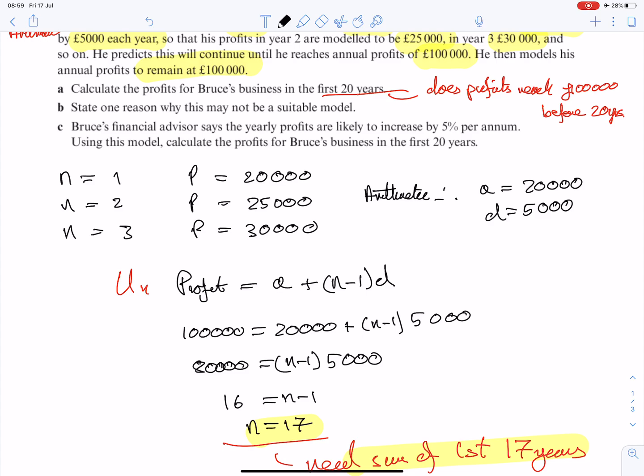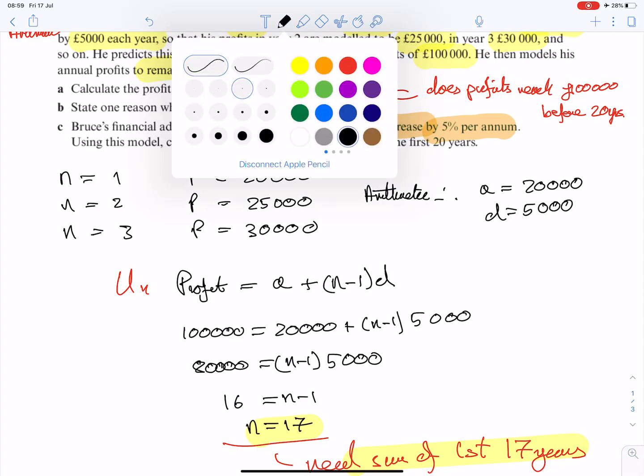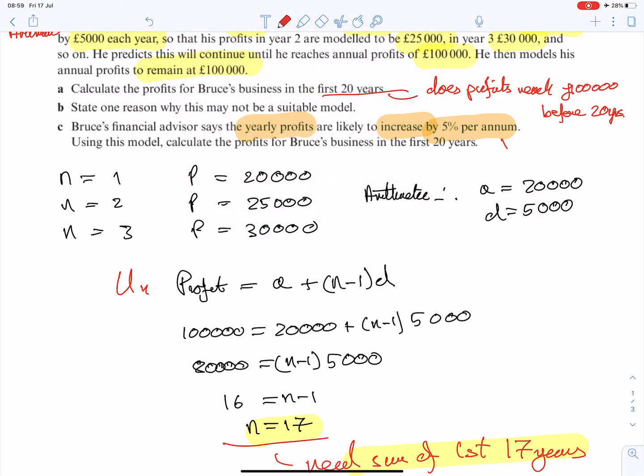Okay, part C. Bruce's financial advisor says the yearly profits are likely to increase by 5% per annum. Using this model, calculate the profits for Bruce's business in the first 20 years. So again, we've got to recognise the context here. So if it's going to increase by 5% per annum, what kind of sequence is that going to be?